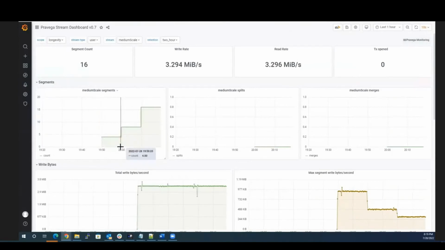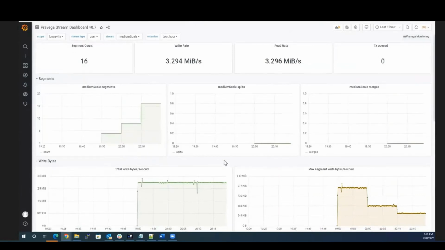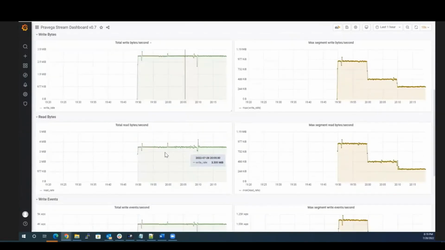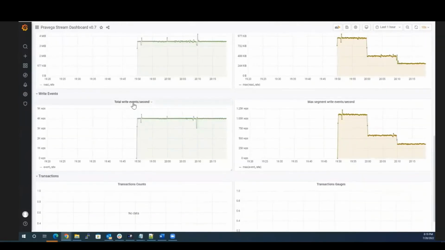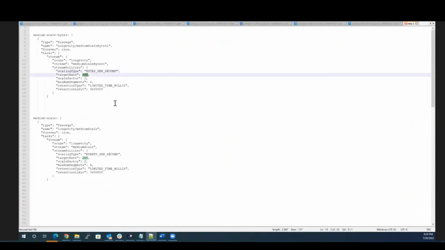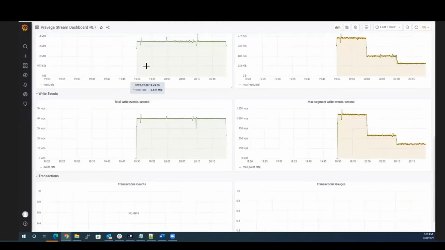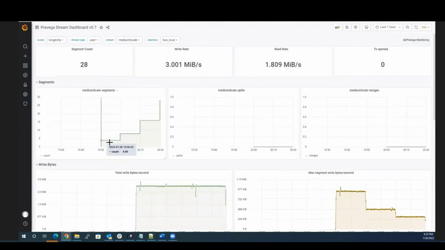And after the next 10 minutes, since the number of events per second value we can see from this graph here was a 4,000 events rate during the first 10 minutes, which is obviously higher than the defined 200 value, we can see immediately after 10 minutes, there was a split of segment that occurred here. And the initial 4 segments got split into 8 segments.